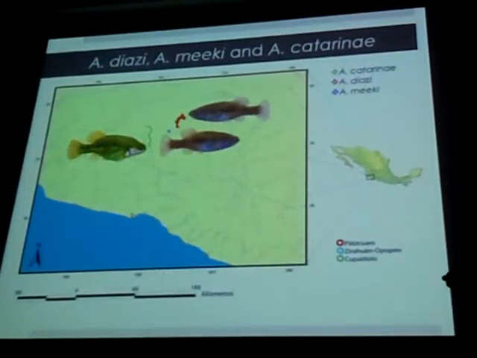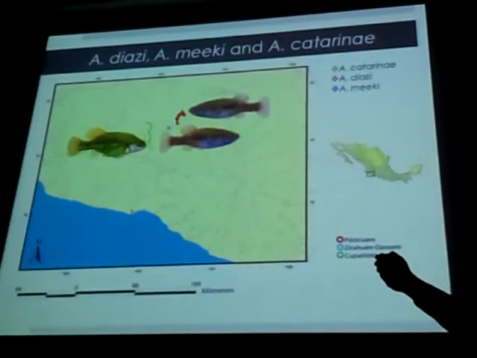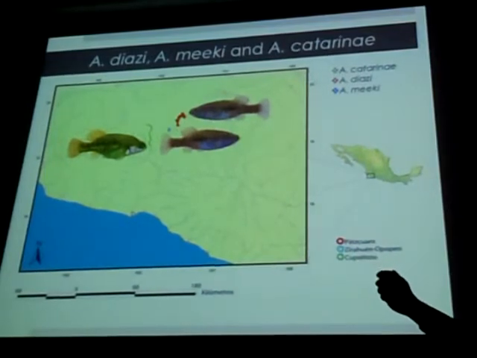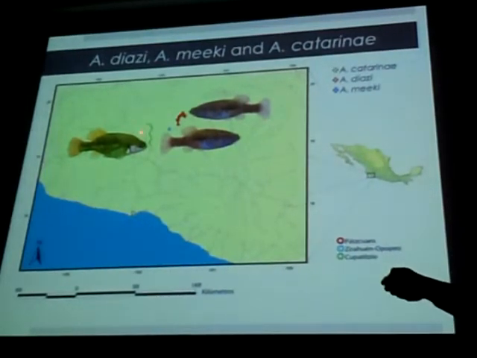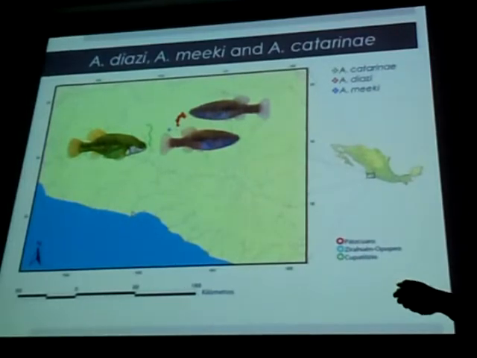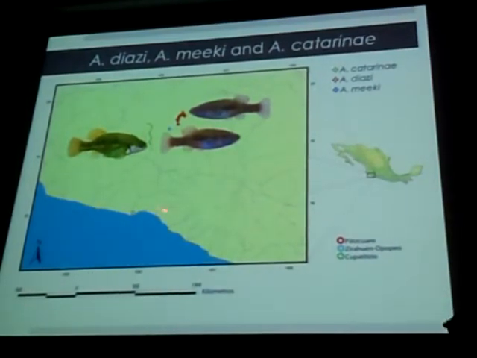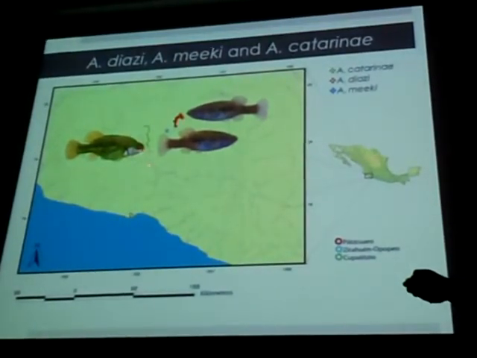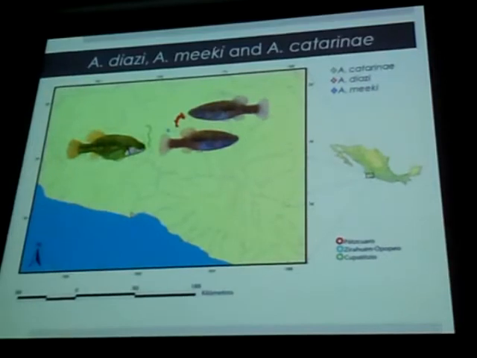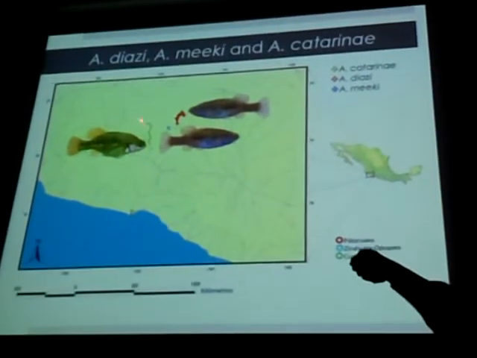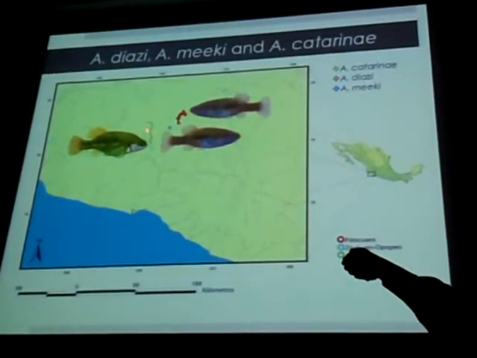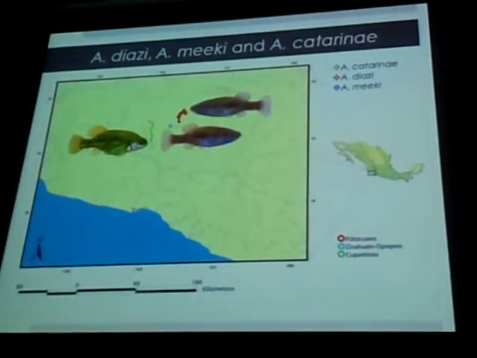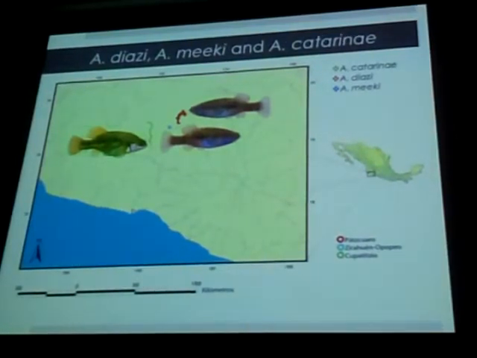Another population is in the pond of Cupatitzio here, but not in this part of the basin. And the other population is in the little river in this part, which is the ecological and urban park.